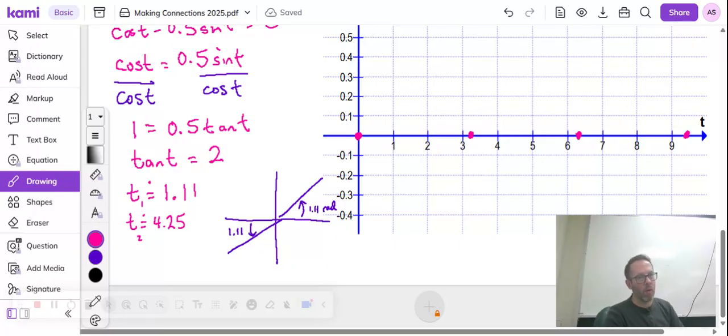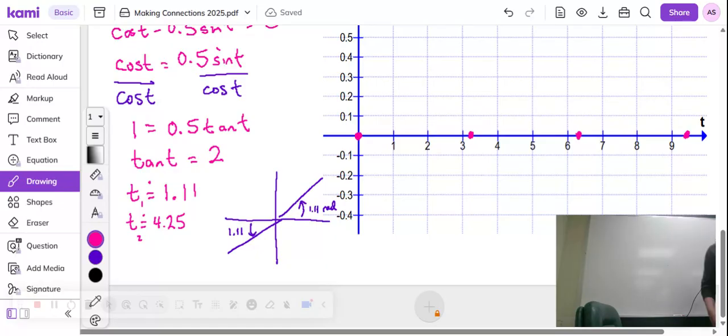And one more as well. So if the tan of 1.11 radians is equal to 2, would you guys agree when you go a full revolution around again and get here, the tan will also be 2, right? So what is that? It's 1.11 plus 2 pi, one full complete revolution.